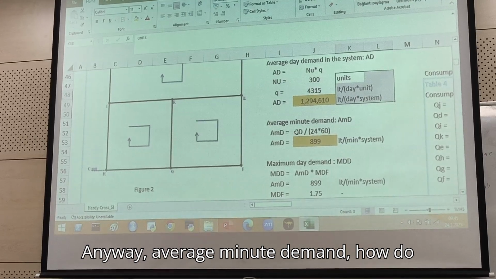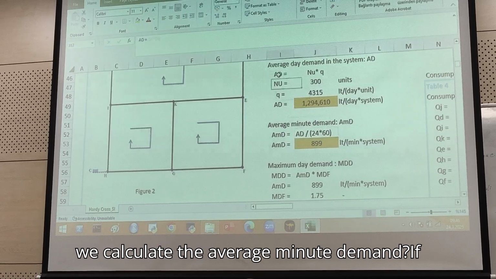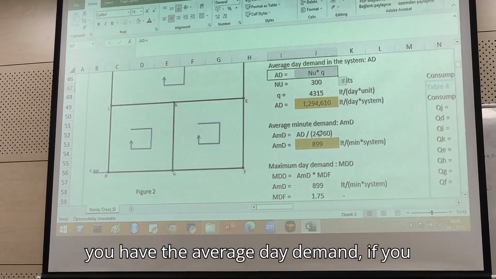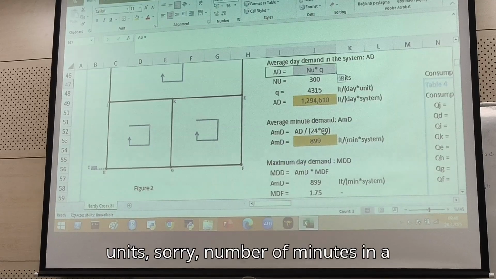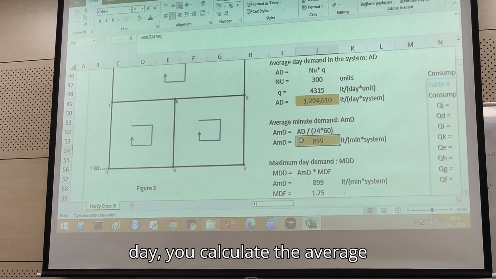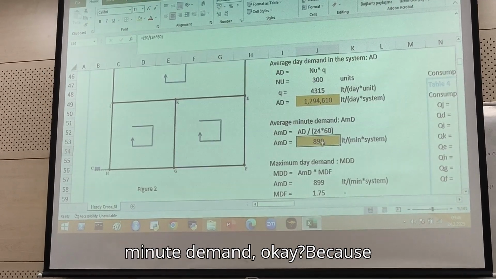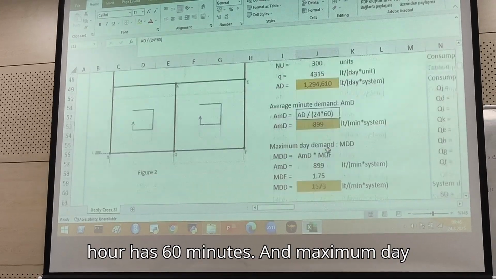Anyway, average minute demand. How do we calculate the average minute demand? If you have the average day demand, if you divide it by the number of minutes in a day, you calculate the average minute demand. Okay? Because why? In one day there are 24 hours, every hour has 60 minutes.